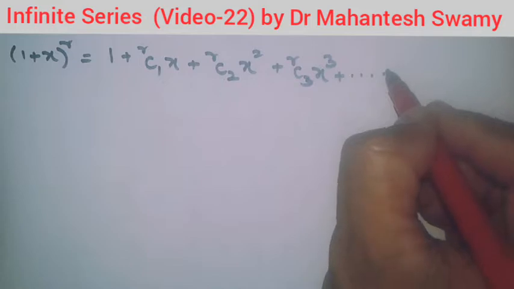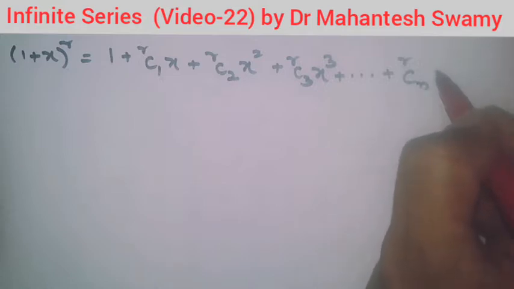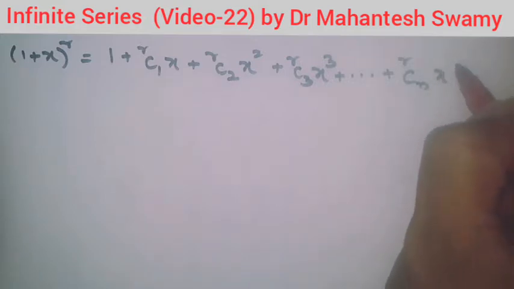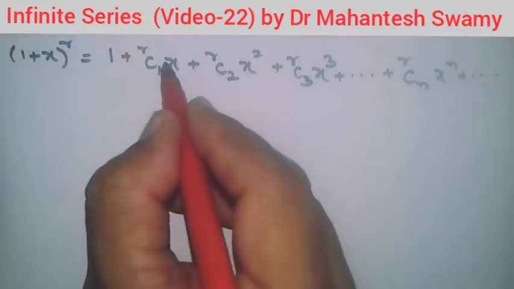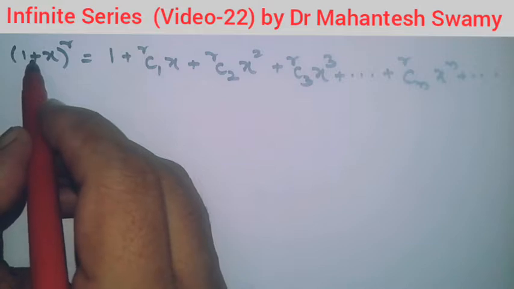In general, for the nth term, rCn into x to the power n, plus dot dot dot. So this is the binomial expansion of the function (1 + x)^r.